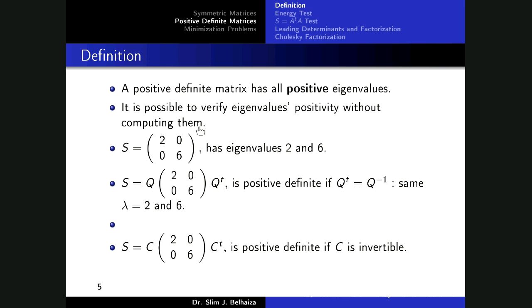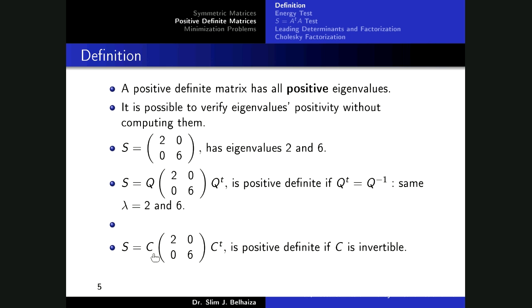So for example, if you take this matrix, which is 2006, it's obvious that it has eigenvalues 2 and 6. If you just do the determinant of S minus lambda I, you can see that there are only two possible solutions. And you can even use it if you notice that Q transpose is equal to Q inverse, the same thing as for the eigenvectors we've seen before. So you can see that this new matrix, taken from the previous one by putting it between Q and Q transpose, has the same eigenvalues.